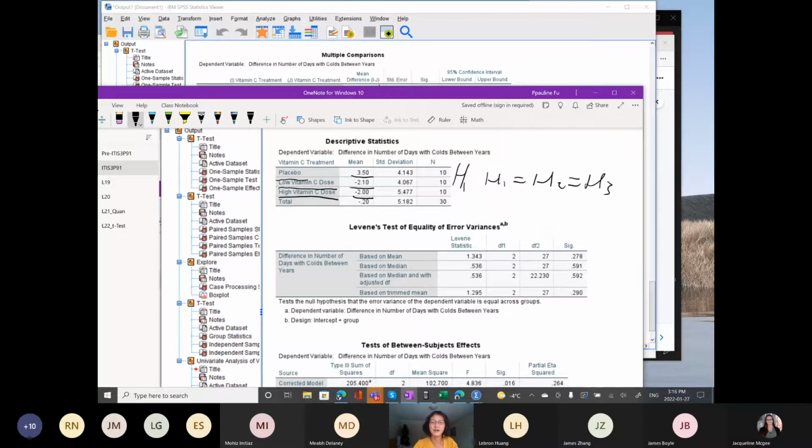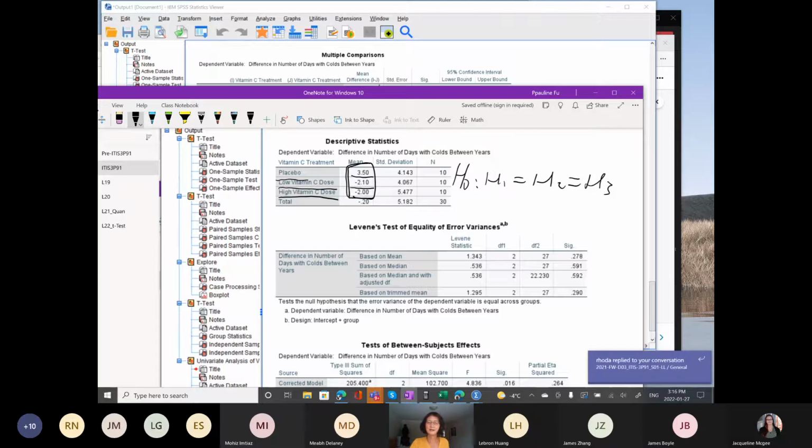This is our H0. Remember these are sample means, but our test is targeting the population. We want to see if the 3 population means are equal or at least one population mean is different from the others.